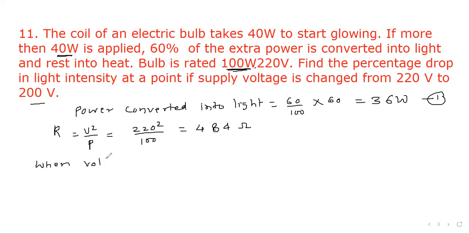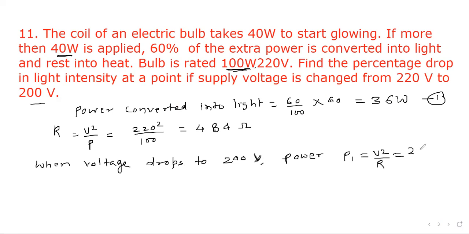When the voltage drops to 200, then power P1 equals V square upon R, that is 200 into 200 divided by 484. So this will give 82.64 watt.